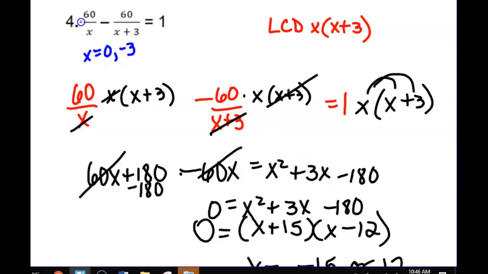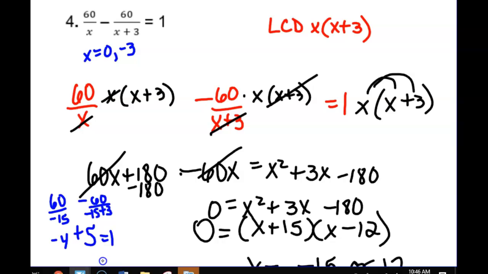If you go back and check, negative 15, 60 over negative 15 would be negative 4, minus 60 over negative 15 plus 3 would be negative 12, which is negative 5, and then that was minus here, so it's plus 5, equals 1.